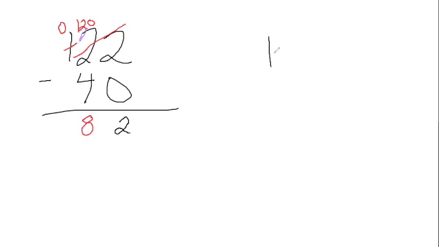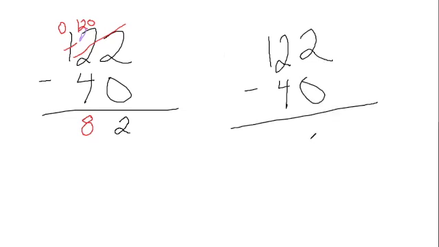So I told you guys that I would write it the other way over here, just so you could see it. Everything stays the same, except sometimes people just put that 100 next to the 2 because that helps them out.